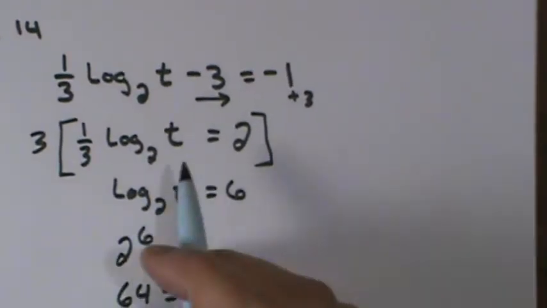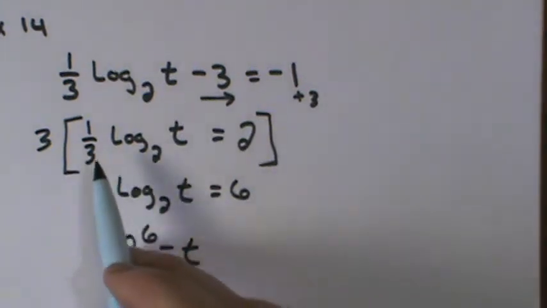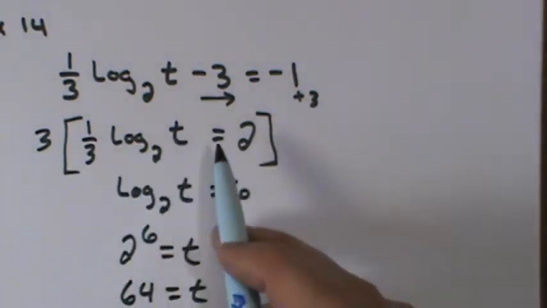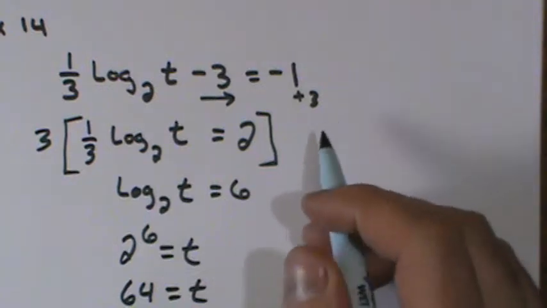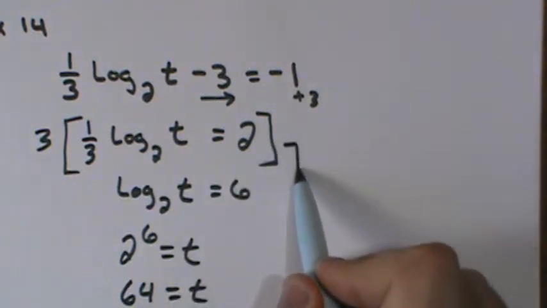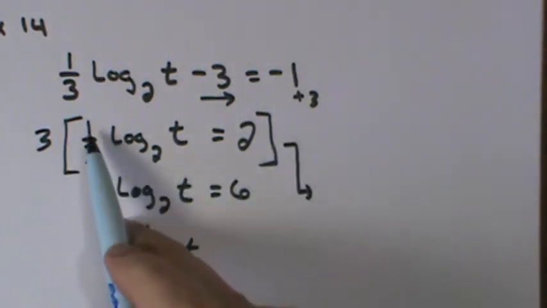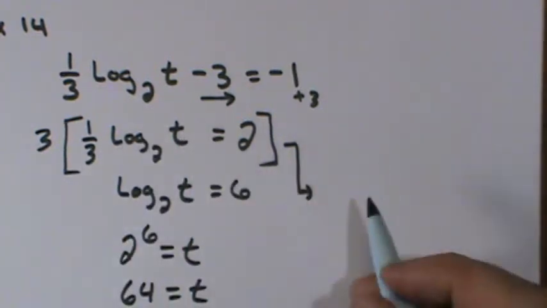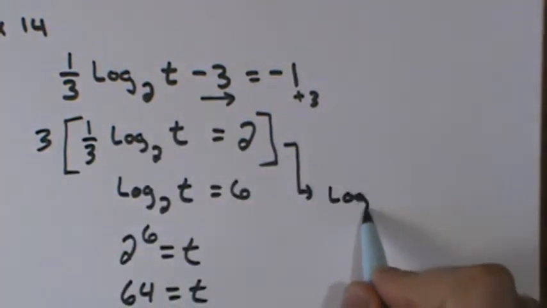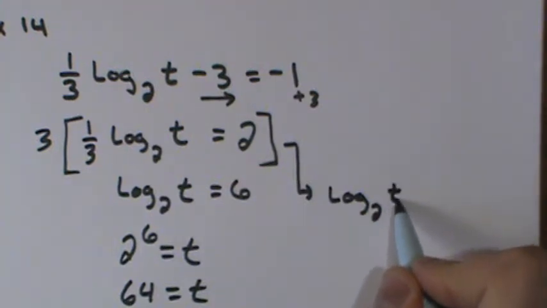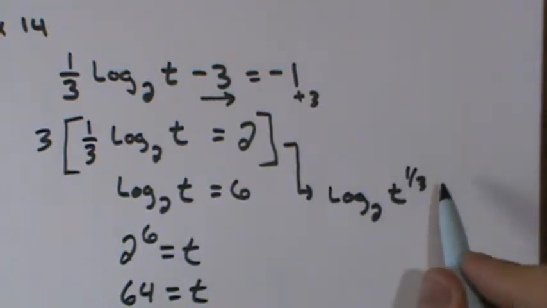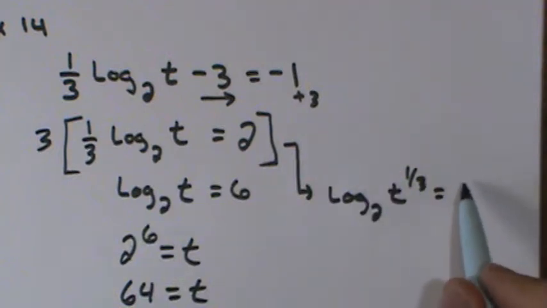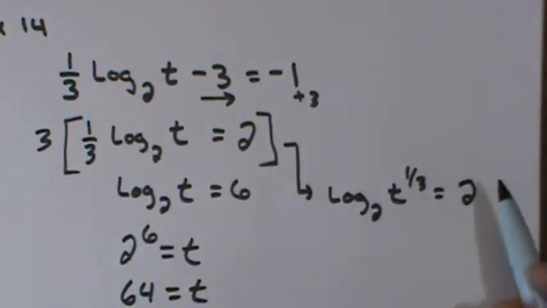Off of this problem, maybe you don't see to multiply by the 1/3 and you want to call that t to the 1/3. You could do that as well. So just an alternate approach right here. Maybe I take this 1/3 and use my properties of logarithms and say that I have log base 2 of t to the 1/3 equaling 2.